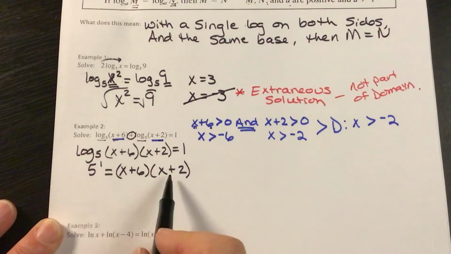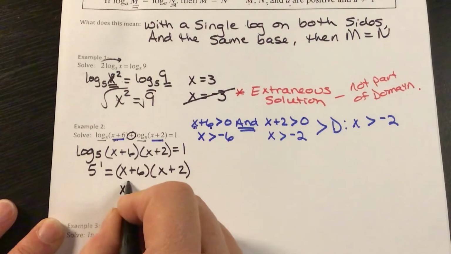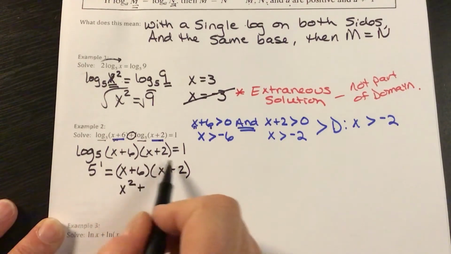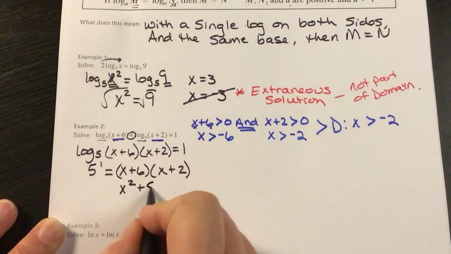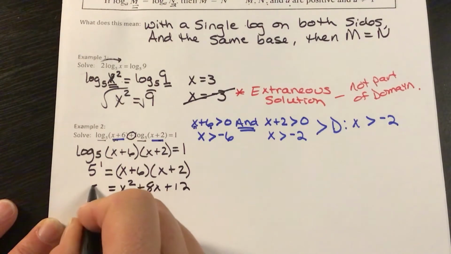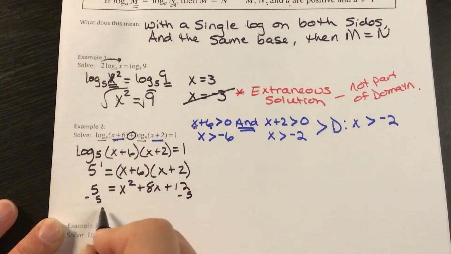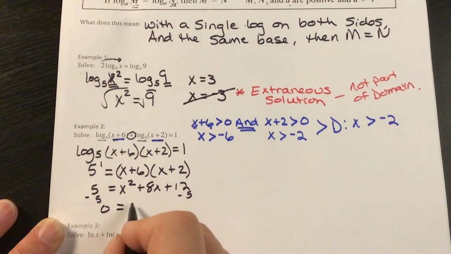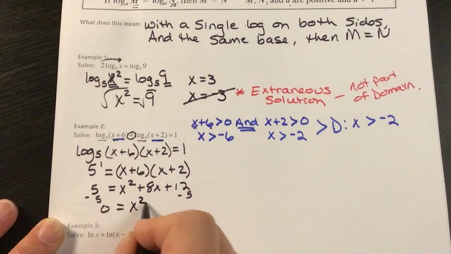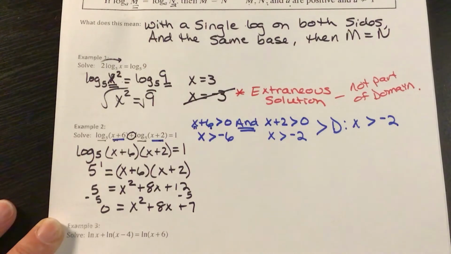So if I solve this, this is a quadratic equation. This becomes x squared plus 2x plus 6x is 8x plus 12 equals 5. And if I subtract 5 on both sides, I get 0 equals x squared plus 8x plus 7.